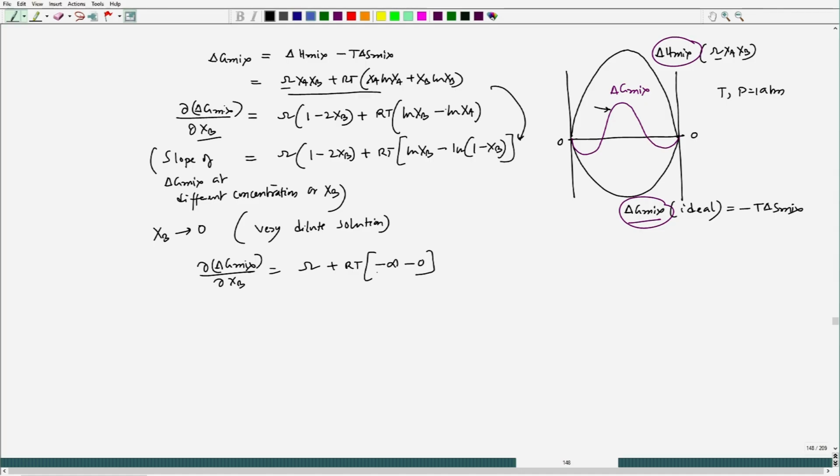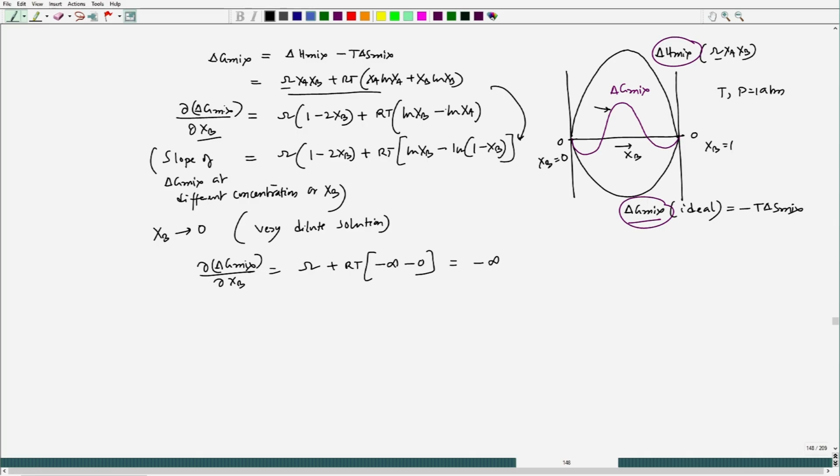So, overall it becomes minus infinity. So, what does it mean? If xB varies this way, this is xB equal to 1 and xB equal to 0 here.